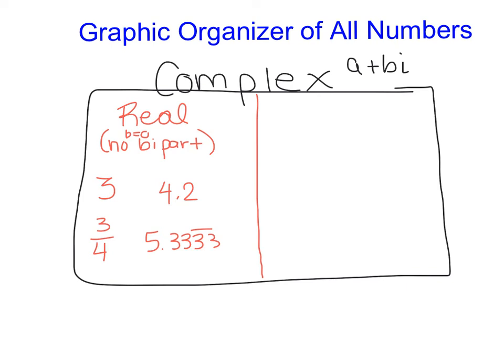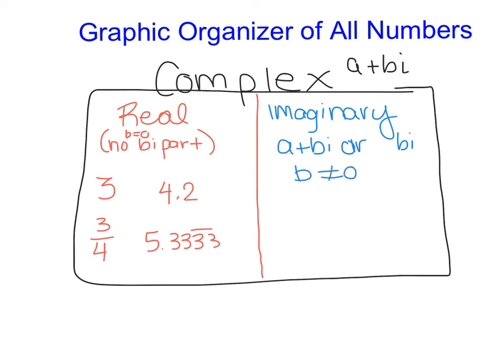Now the other part of the complex number system that we need to be okay with are called the imaginary numbers. And these are the numbers that can be written as a plus bi or bi, but the key is that b does not equal 0. So some of these types of numbers might be 3 plus 4i, or maybe we have -7 minus 2i.